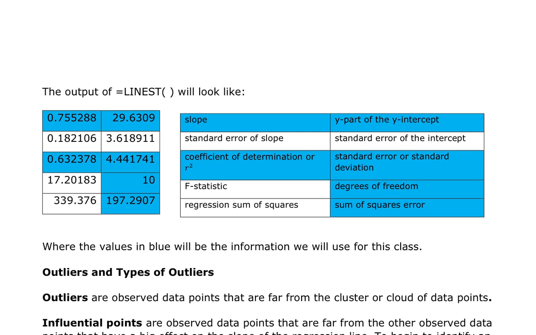So the highlighted blue is the parts that we're going to pay attention to. This number is the slope. This number is the y-intercept. This is the standard error of the slope. This is the standard error of the intercept, which we're not going to use in this class. This is the coefficient of determination, which is r squared. Now you think, well, if I've got this, I don't need to find r, right?